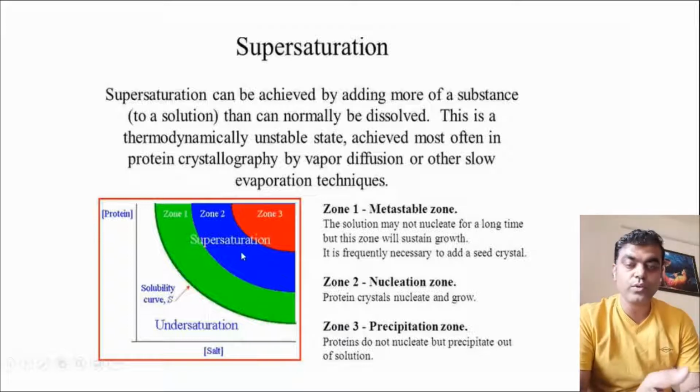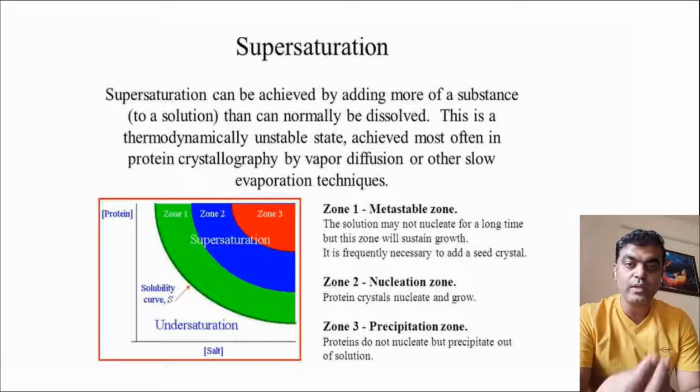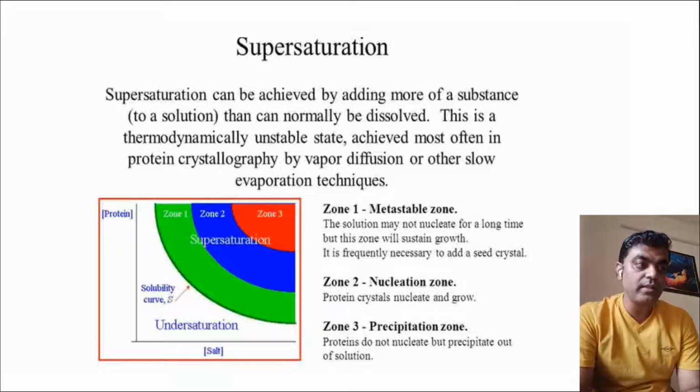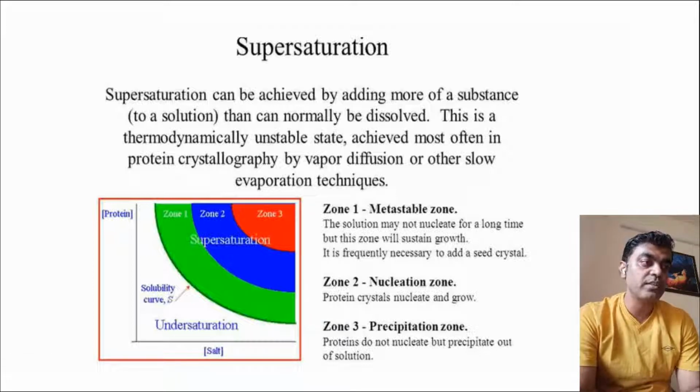The second one, zone 2, is the nucleation zone, where the nucleation will start and the protein crystal nuclei will start forming, and gradually keep growing. And the third one, the red one, is the precipitation zone, where the crystal precipitation will take place. So this is the entire zone-wise distribution.